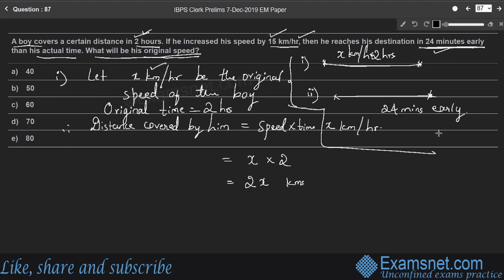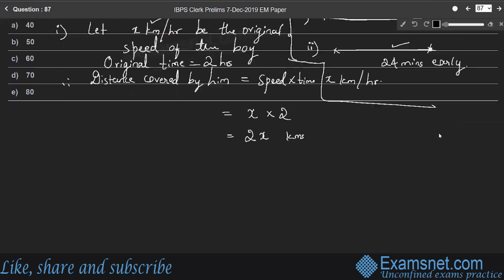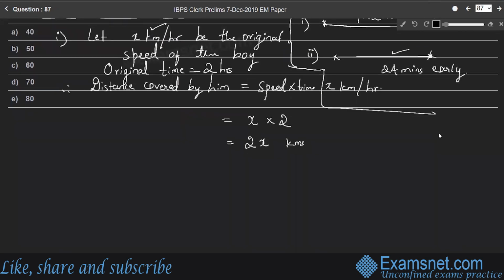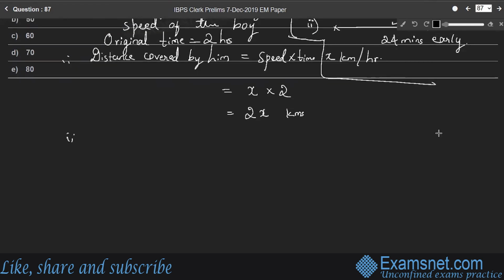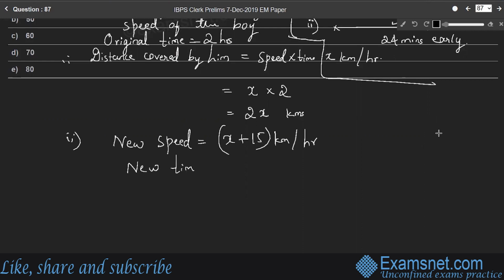Right? So in the second case, the boy has covered the same distance with more speed, that is 15 kilometer per hour more speed. So here in the second case, the new speed of the boy is x plus 15 kilometer per hour, right? And what is the new time?